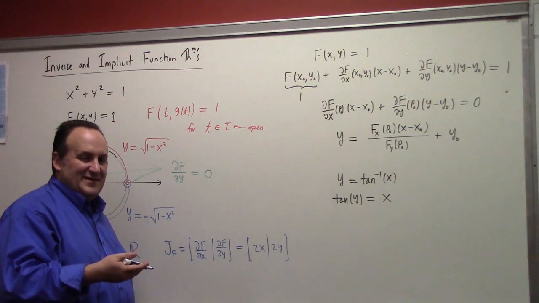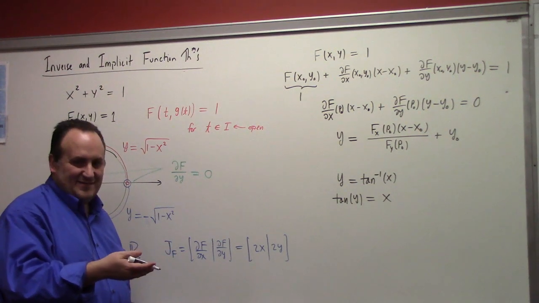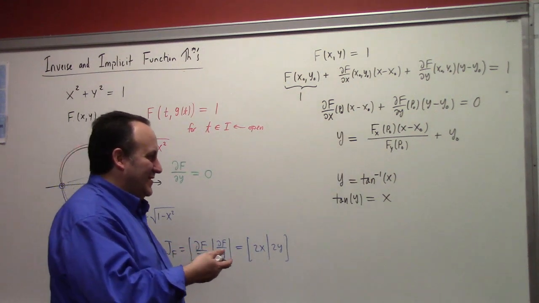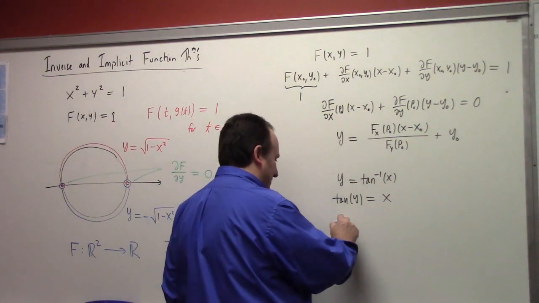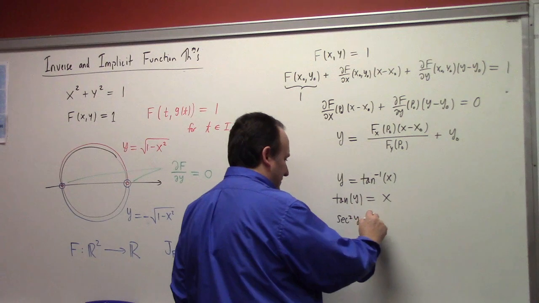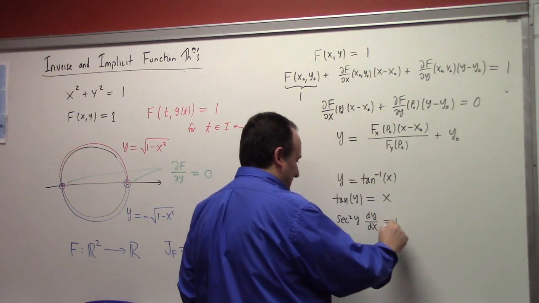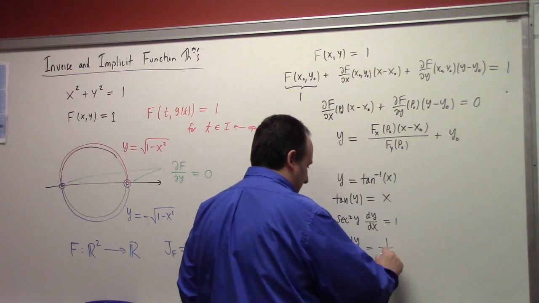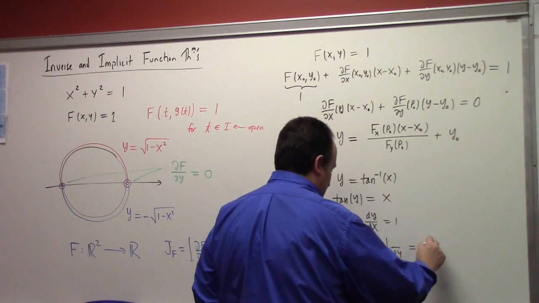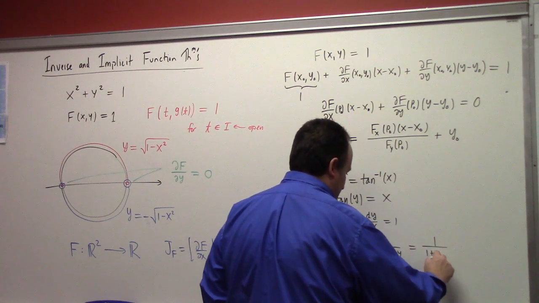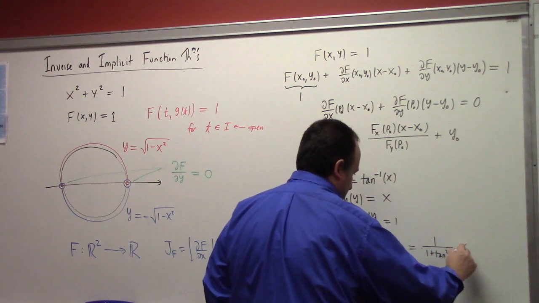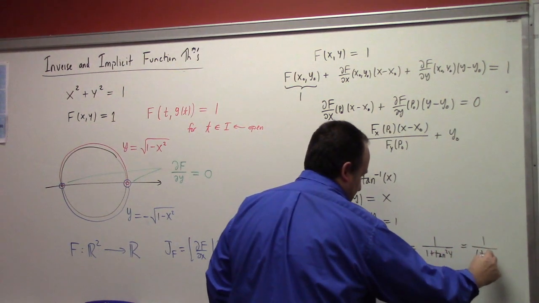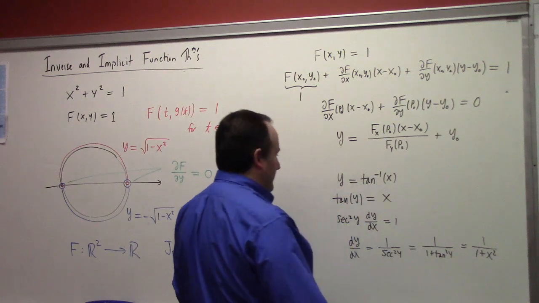Because if you differentiate that, you get secant squared y, dy dx equals 1. So we get dy dx equal to 1 over secant squared y, which is 1 over 1 plus tangent squared, which of course is the derivative of inverse tangent that we know and love.